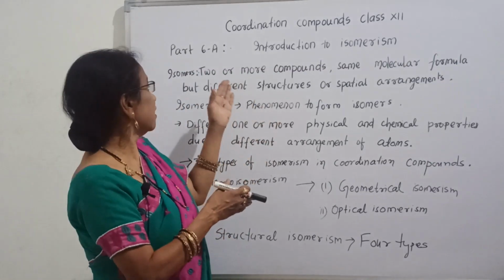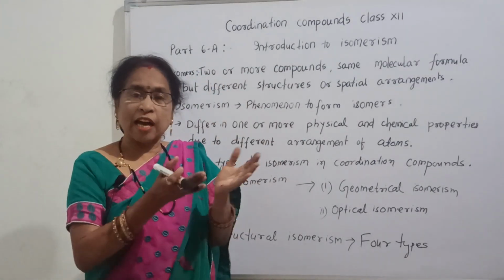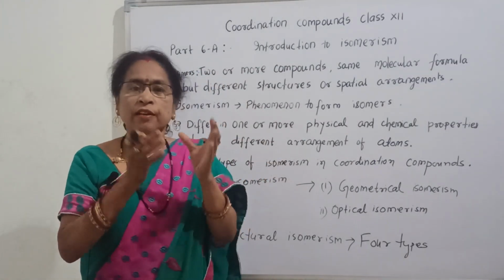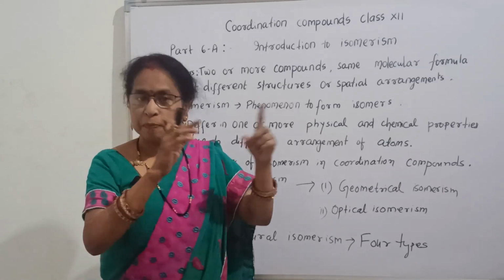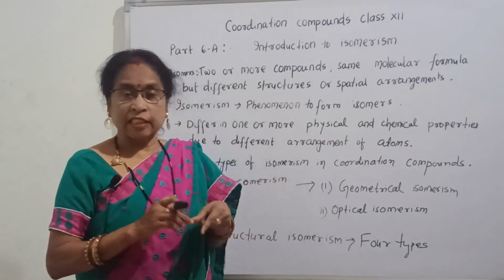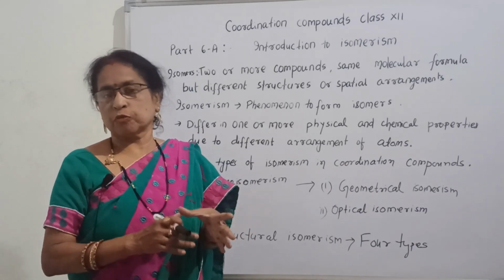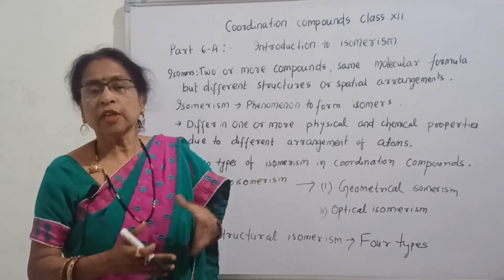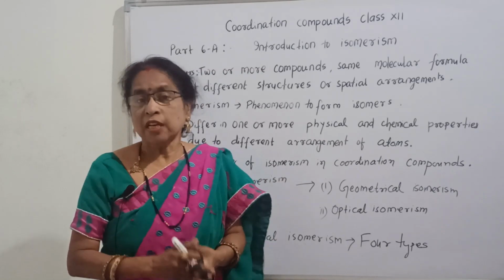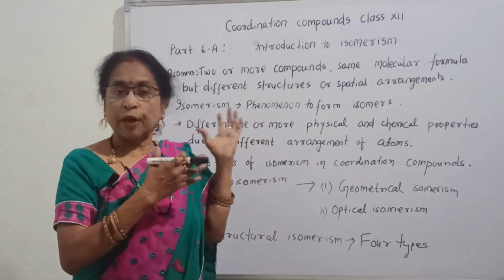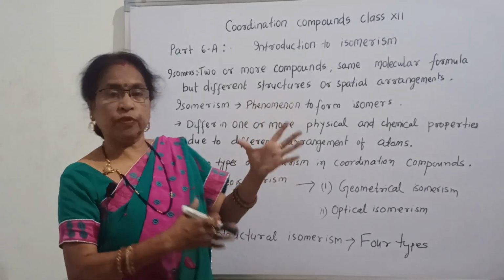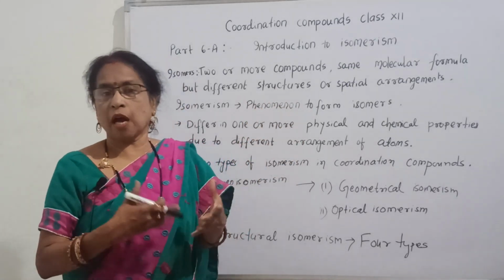That means, what are isomers? Different structures or different arrangements of atoms in space are called isomers. What is isomerism? Isomerism means the phenomenon of forming the different possible isomers.